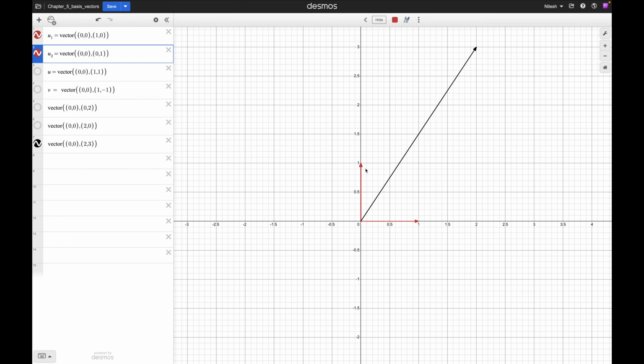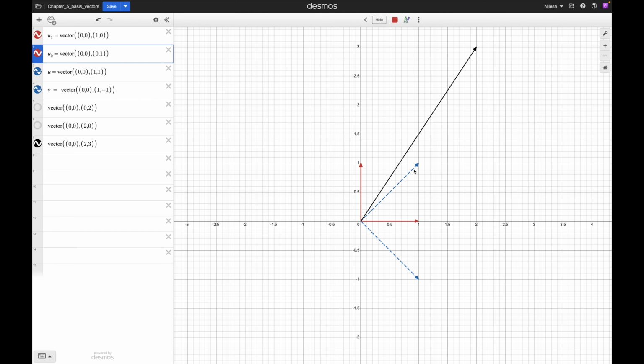And using these two vectors, we can reach this point 2 3 on the 2D plane. We can reach the same point 2 3 using another set of basis vectors shown here by the blue dotted lines. And that's the beauty of basis vectors. It's not that the basis vectors have to be simple 1 0, 0 1.